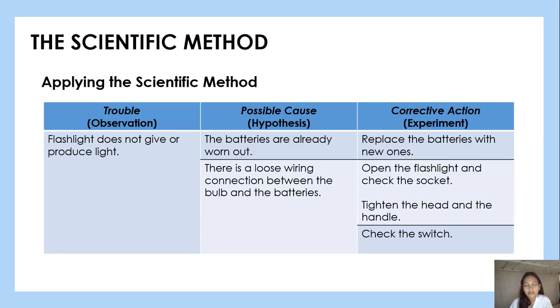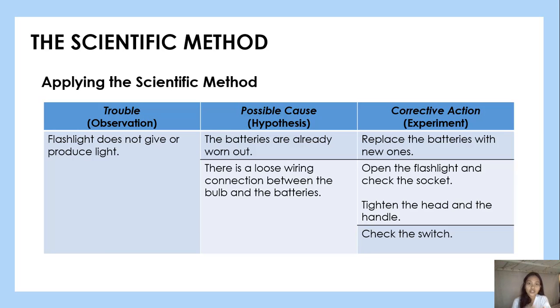So the possible cause for that, which is your hypothesis now, is that the first one is that maybe the batteries are already worn out, and then you have a second hypothesis that there could be a loose wiring connection between the bulb and the batteries.